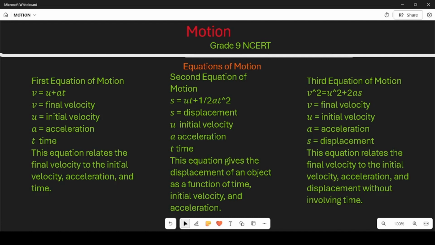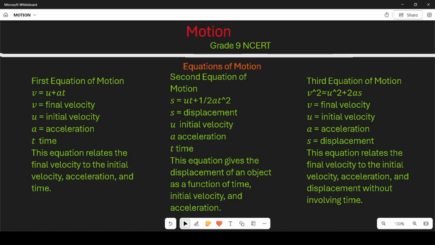So it basically means that there is a relation between the initial velocity, final velocity, acceleration, time, and displacement. All those relations are given in 3 formulas. The first one is final velocity equals initial velocity plus acceleration into time.